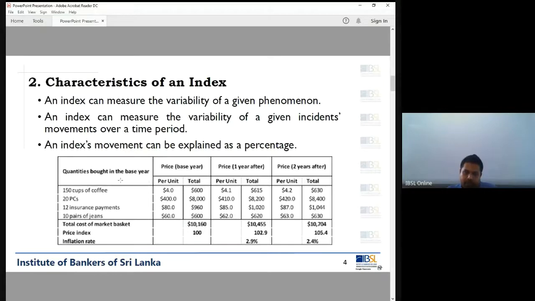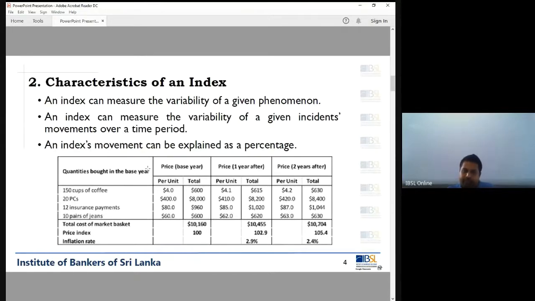It says quantities bought in the base year. So we have 150 cups of coffee, 20 PCs, 12 insurance payments, and 10 pairs of jeans. Now these are different items: coffees, computers, insurance payments, and jeans. What are they? They are expenses. So it seems to be, let's say, a household set of expenses, or a company's point of view of expenses. It could be anything. So the first one, what we see here is the price in the base year.